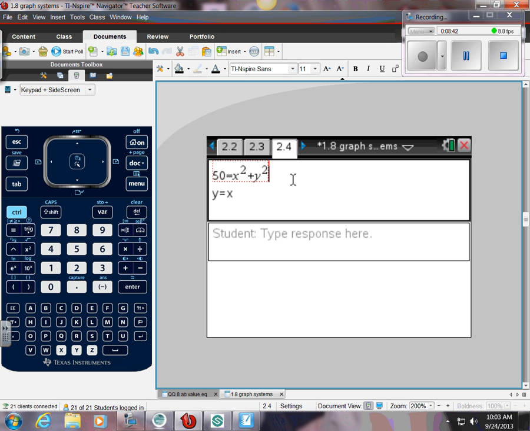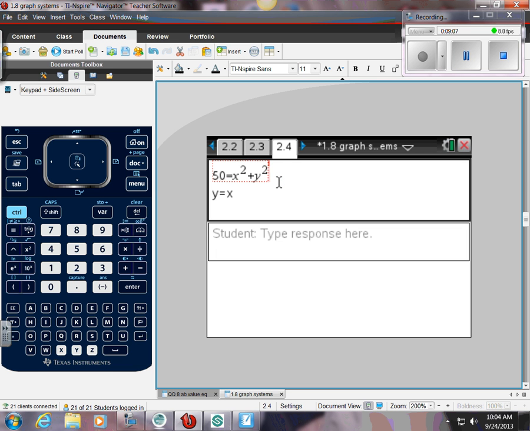X squared plus y squared. It's a circle. Circle with a center of what? 0, 0, the origin. And what's the radius? Square root of 50. Do you remember? Is it all flowing back in? Beautiful circle. We love them.